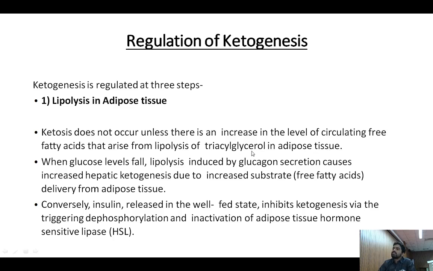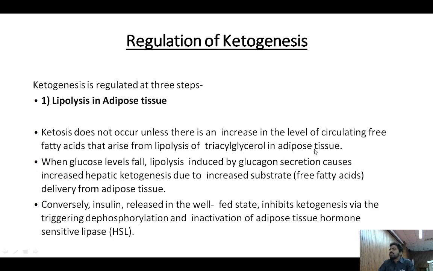If you start from adipose tissue triacylglycerol, you will be able to understand how ketone body forms and in which condition. When the glucose level falls, how will lipolysis happen? Lipolysis happens by two methods basically: decreased insulin and increased glucagon. I had told this in fatty acid oxidation also, right? Then in synthesis also. So lipolysis induced by glucagon secretion causes increased hepatic ketogenesis.